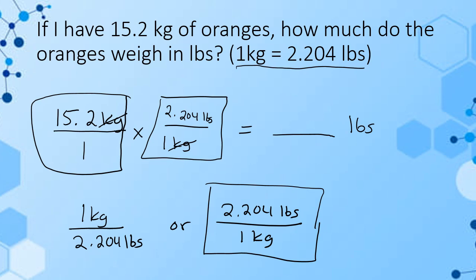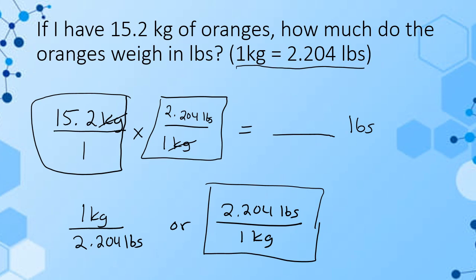Furthermore, this operation says to do 15.2 times 2.204 divided by 1 times 1. And so that essentially works out to 15.2 times 2.204 divided by 1, which is essentially 15.2 times 2.204. So I will take 15.2 and multiply it by 2.204.